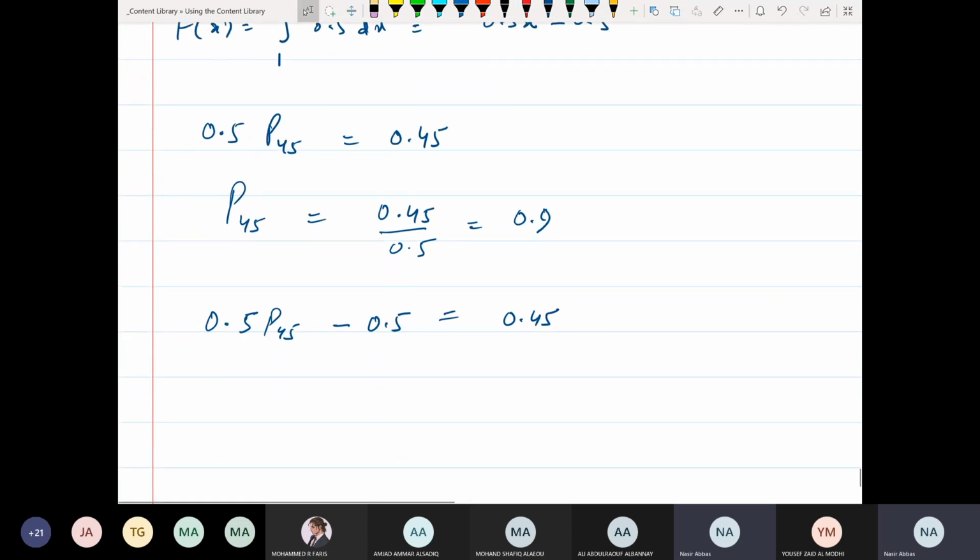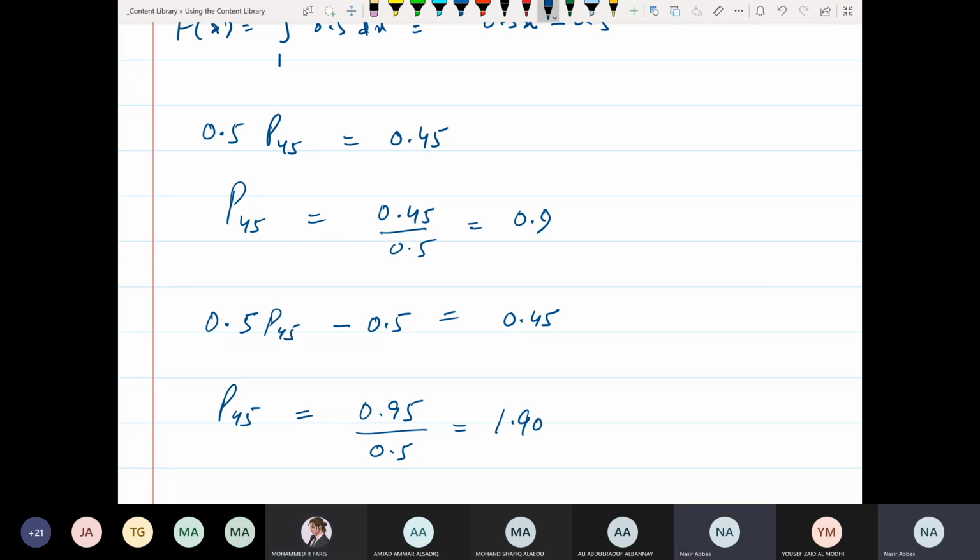And if I solve this equation, my P45 will be what? 0.45 plus 0.5, which is 0.95, divided by 0.5. So 0.95 multiplied by 2, which will be what? 1.90.